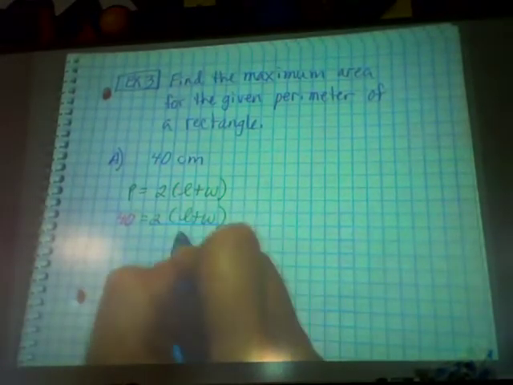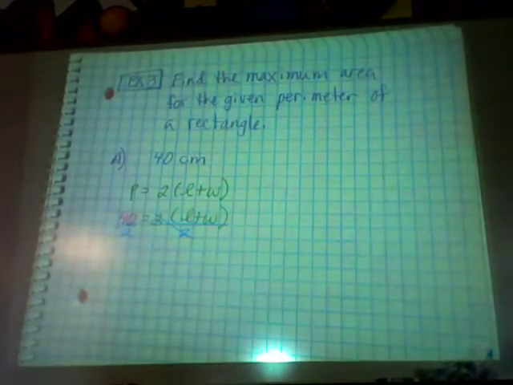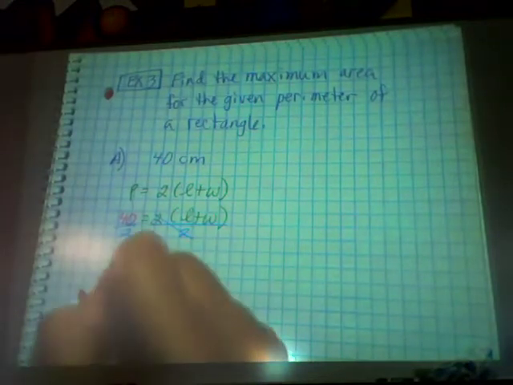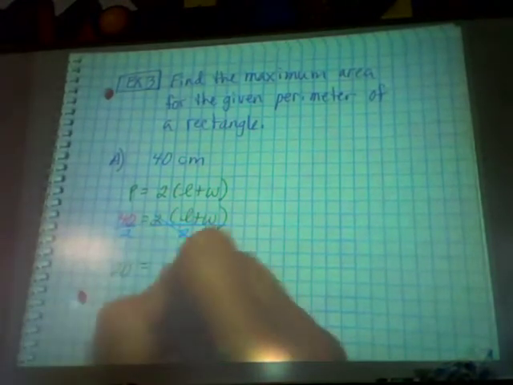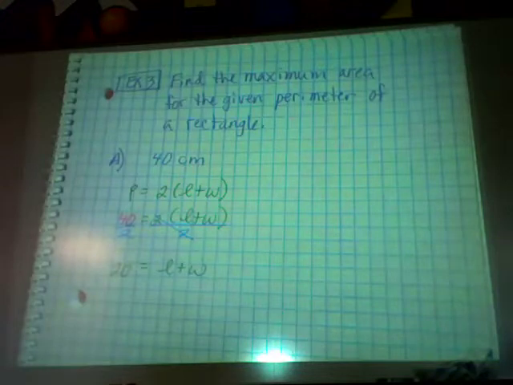Yeah, divide this whole thing by 2 and divide this by 2. Because I have 2 lengths and 2 widths, so it makes sense that I would take that 40 and divide it by 2. So really what I have is 20 is equal to the sum of my length and my width. So if I can come up with sums of 2 numbers that give me 20, then couldn't I multiply those 2 numbers to give me my area?